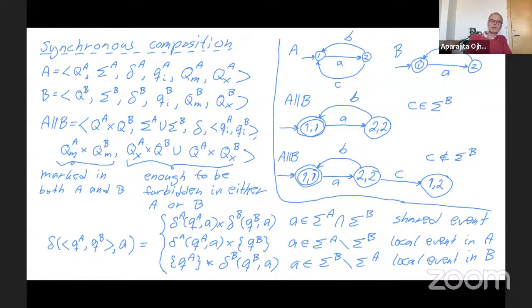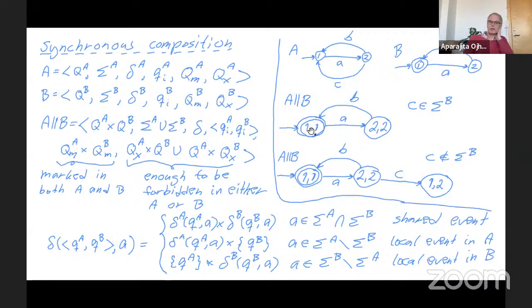So this is the formal definition of the synchronous composition. And here we now have, okay, it's not exactly the same example as I gave you yesterday, but very similar. So we start in state 1 in A and state 1 in B, and this state is also marked because it's marked in B, and in A you don't have any marked state, and that means that both of them are marked.